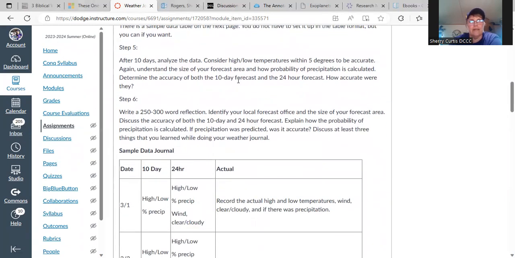So after 10 days, you're going to analyze the data, consider high, low temperatures within 5 degrees to be accurate. Forecast areas are pretty large. Again, it is possible that it is 74 degrees for a high in one place and 76 degrees for the high 10 miles away. That is totally possible. So as long as it's within 5 degrees, consider that accurate.